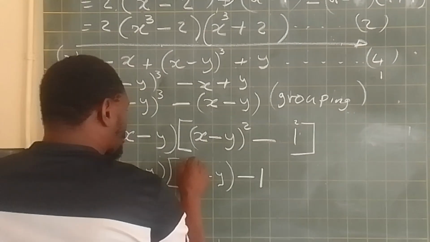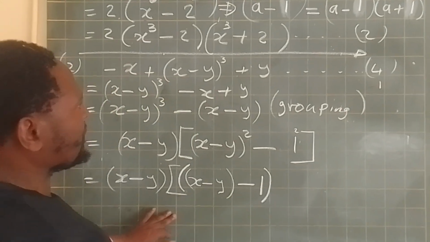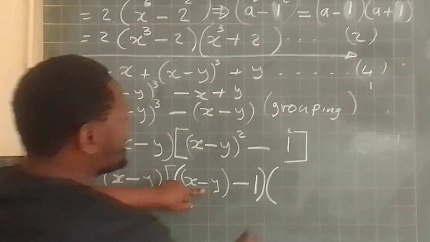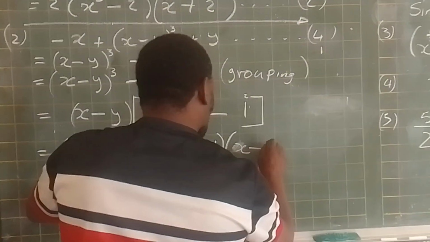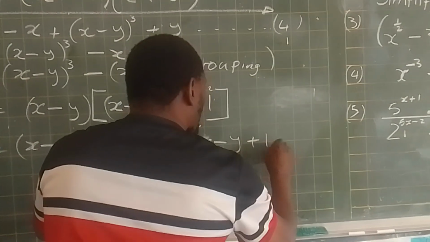You close your bracket. This is your second bracket. You close that bracket, you open another one. Your A is x minus y, plus 1.